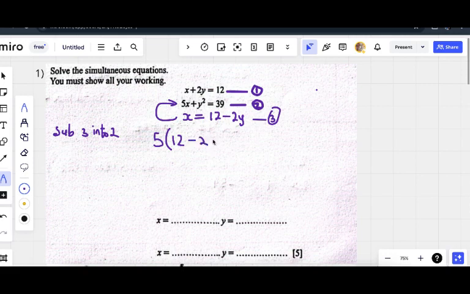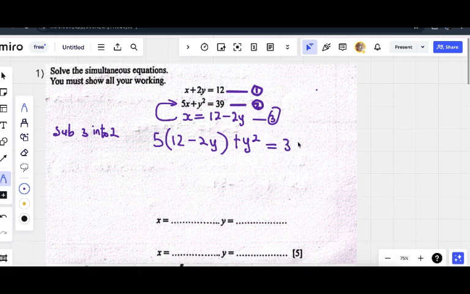That was the whole essence of creating equation 3, so that we can substitute it into equation 2. Then after that, we say plus y squared, equal to 39. So that's the first step.